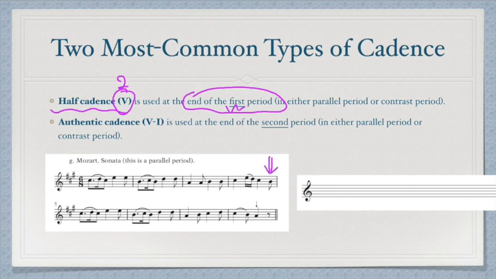Look at here. This is a half cadence because this is the last note of the first period, right? Remember that the dominant harmony in A minor is E, G, B. So this is B, from the dominant harmony. Thus, for the half cadence, you can also choose one note from those three notes in the dominant harmony.